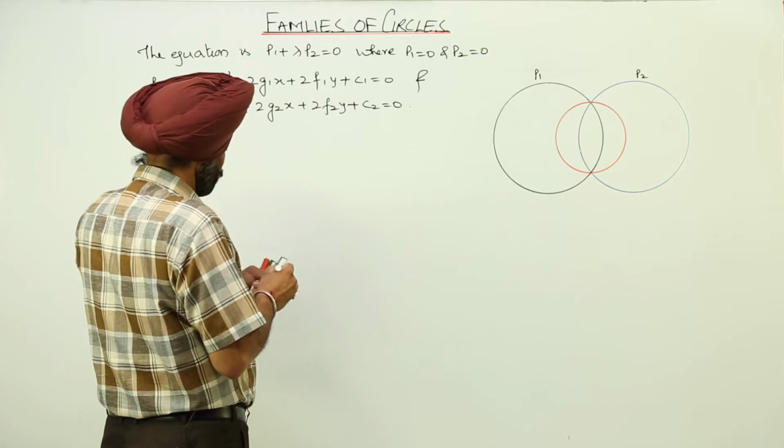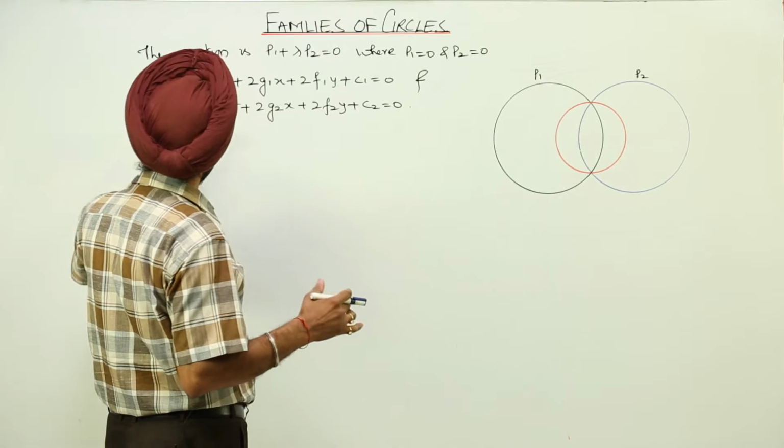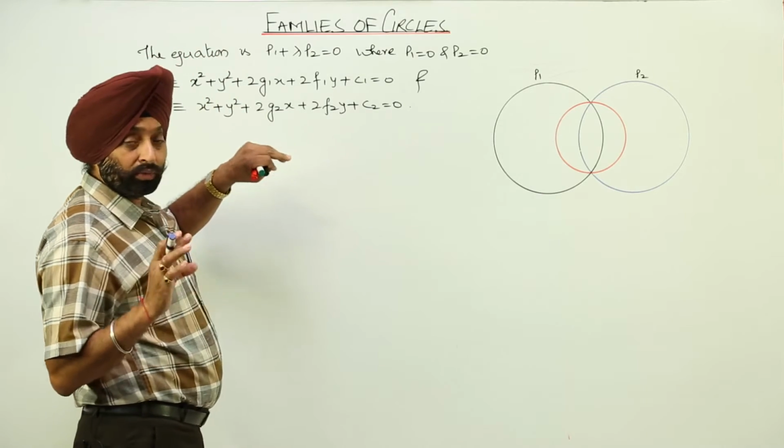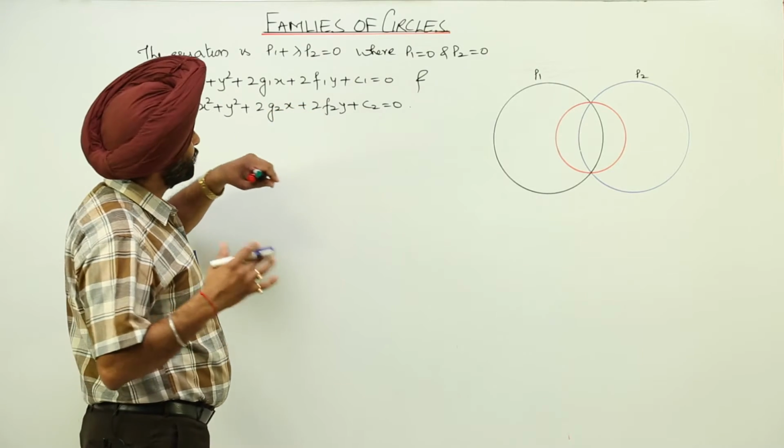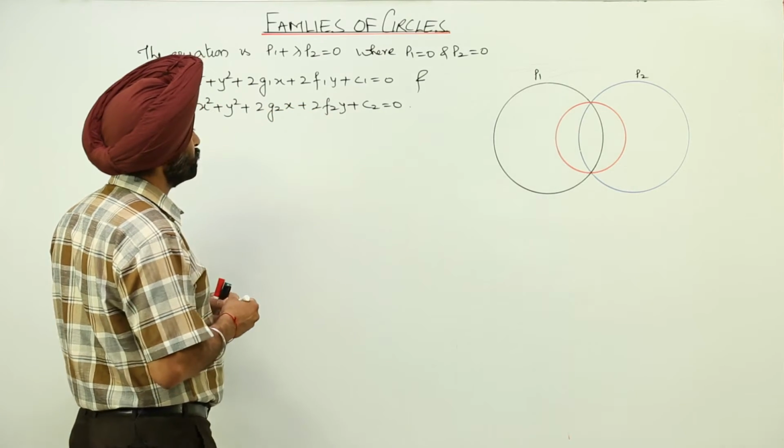Now basically what we want is P1 plus lambda P2 should be equal to 0.